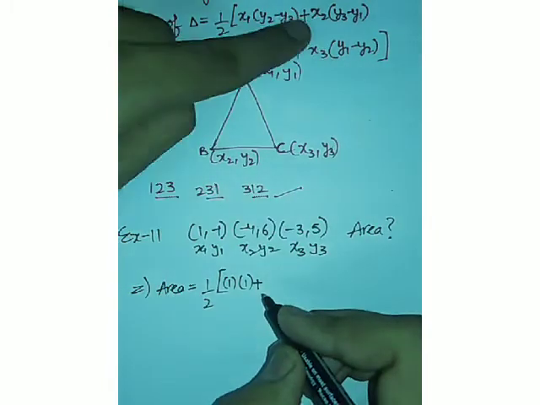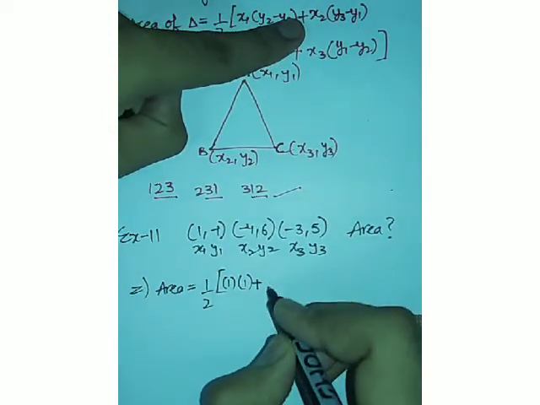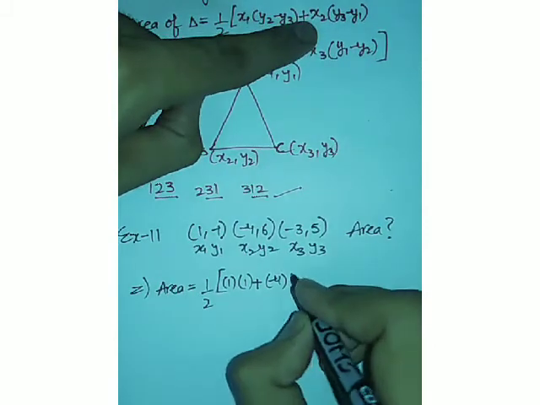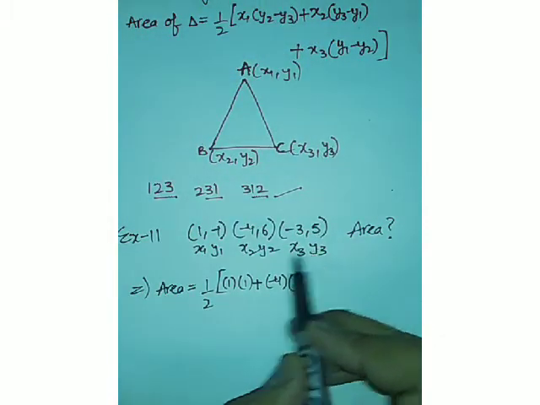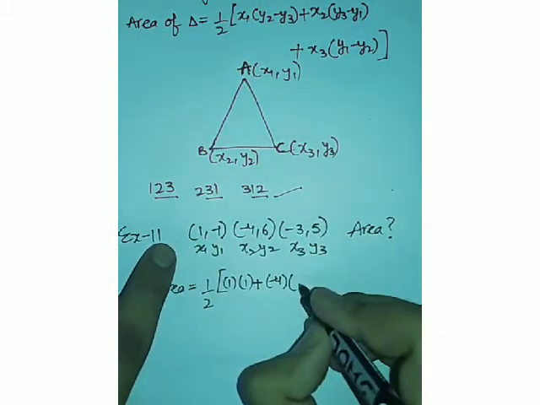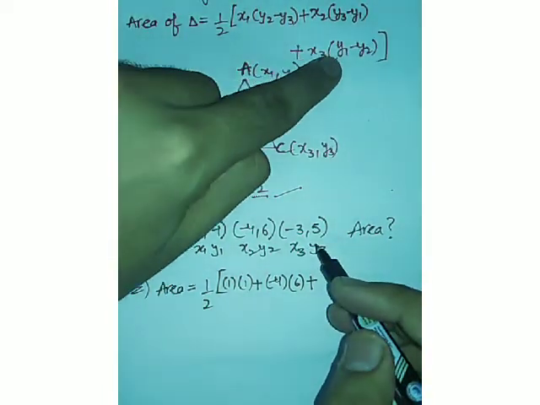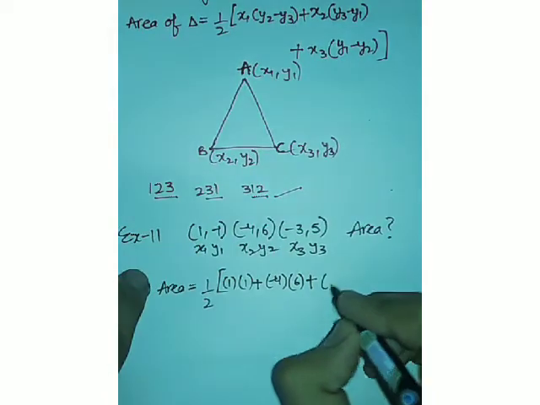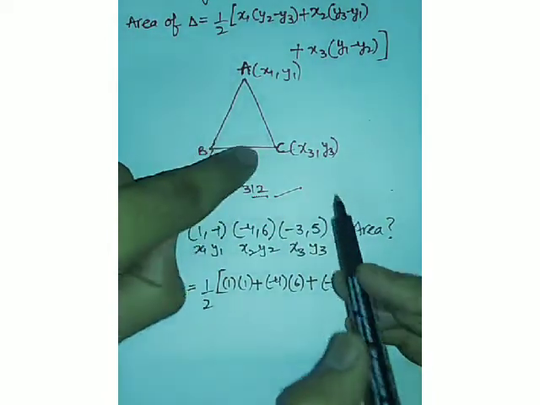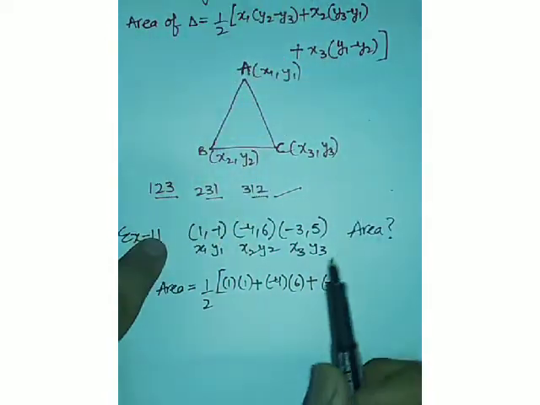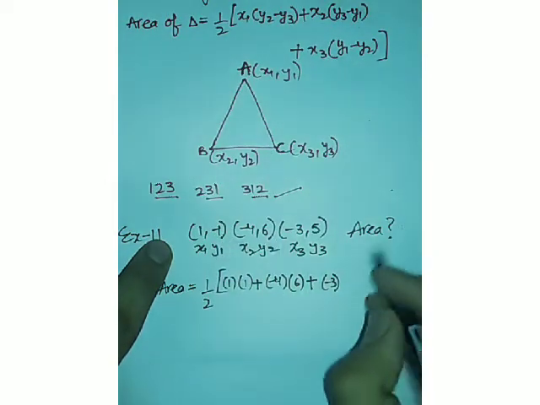Then plus x2, what is x2? Minus 4, then y3 minus y1. y3 is 5, y1 is minus 1. 5 minus minus 1, that is 6. Then again plus x3, that is minus 3, and y1 minus y2, that is minus 1 minus 6.